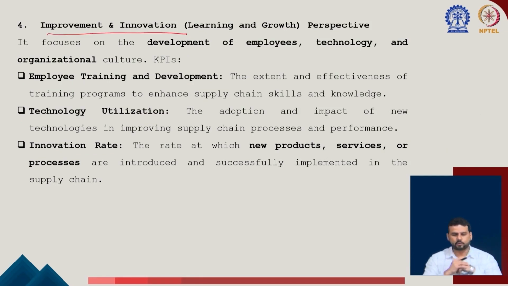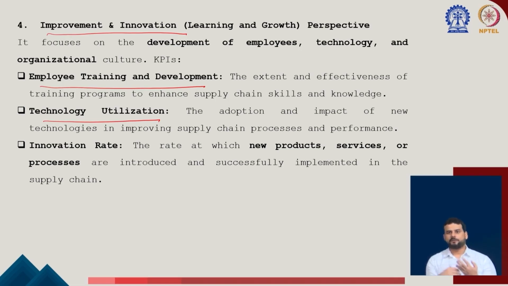Innovation and improvement, so how you can ensure your KPIs targeting continuous innovation. Innovation and you, that is the tagline for Philips, right? So employee training and development, technology utilization, innovation rate, how quickly you are innovating new products, coming up with new products, what is the technology penetration rate, how quickly you are implementing new technology.